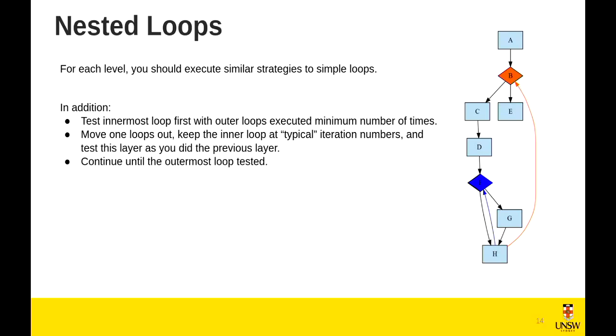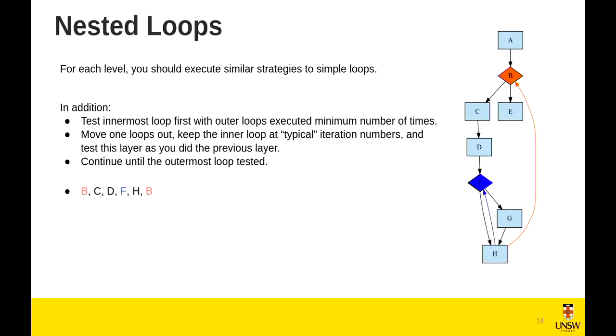Once we have finished with the innermost loop, we move one loop out and keep the inner loop at those typical values, or those boundary values we have used, and test that layer of loop. And we do this one by one until we have finished all the nested loops.